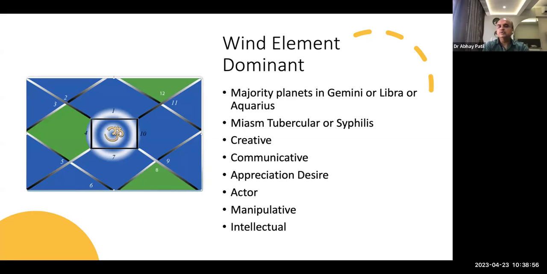So the first remedies you should think about when you are a wind dominant person is hysterical. Or people who are creative, who are communicative, who want appreciation, who are actors, who are intellectuals, who are manipulative, who are salesperson.